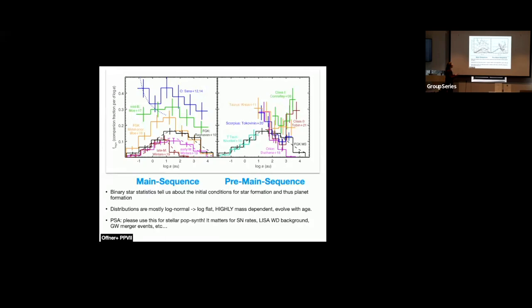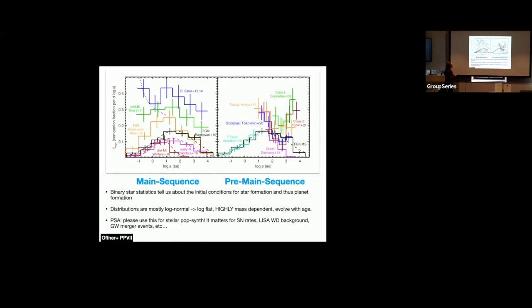And so again, there's this potential validation of the notion that there are maybe different length scales on which binaries begin to form, but that they undergo strong migration and smooth out to this field distribution. You can see that at typical stellar masses and low masses, the distributions are mostly log normal. They maybe evolve a little bit towards log flat, but it's highly mass dependent and it evolves with age.